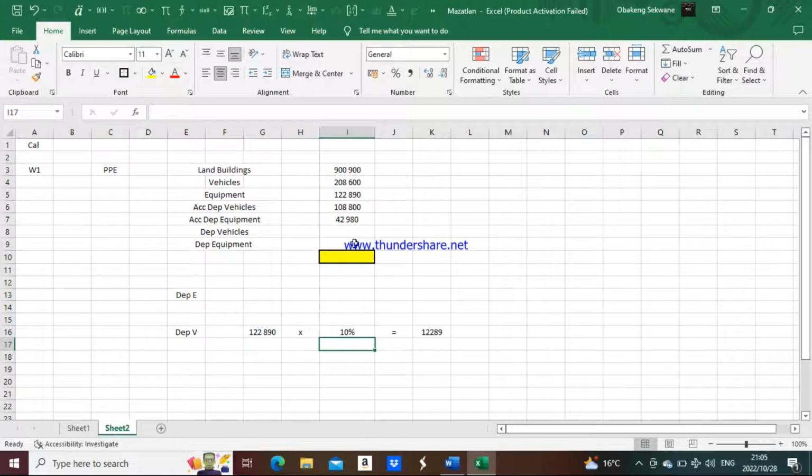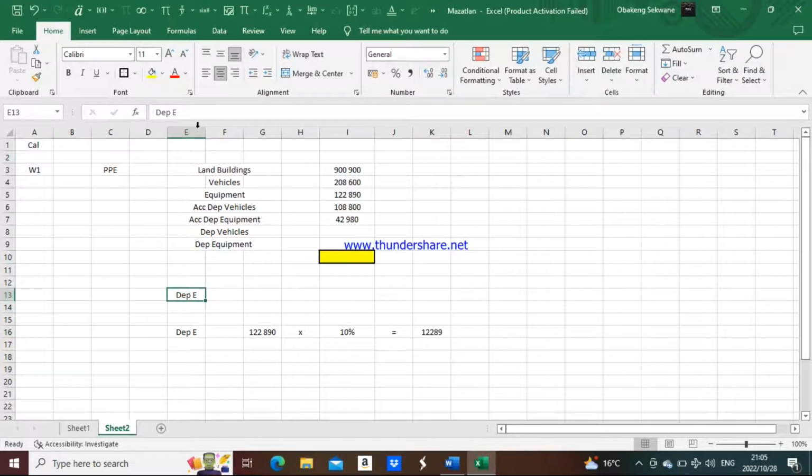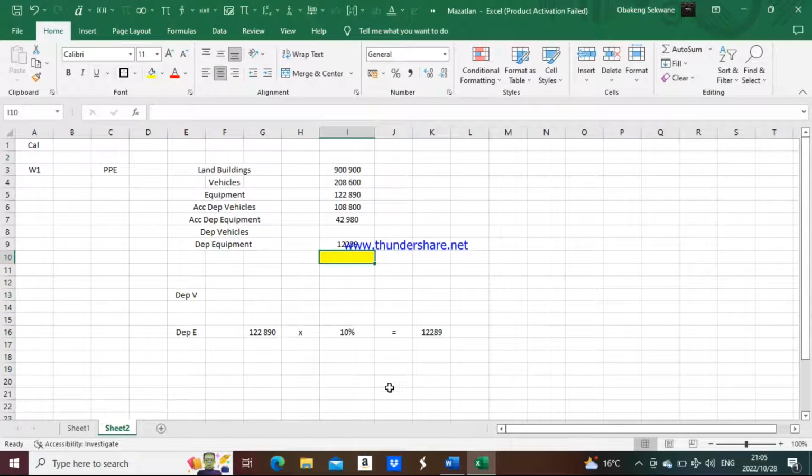So we've got 12,289. Wait, this is vehicles. It's supposed to be equipment. So our depreciation on equipment is equal to 12,289.